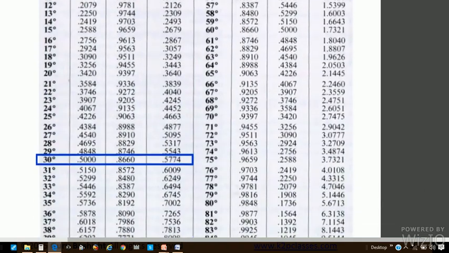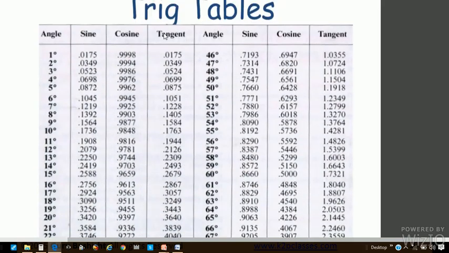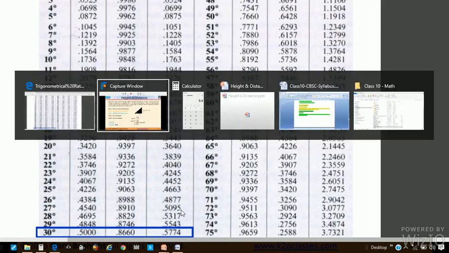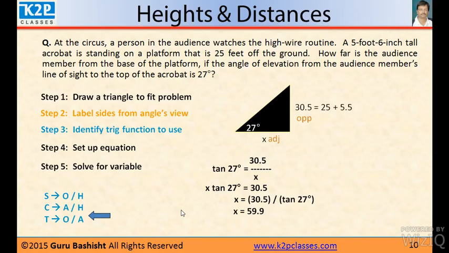This is 27 and this is tan, 0.5095. So if you divide 30.5 by the value of tan 27, we will get x equal to 59.9.